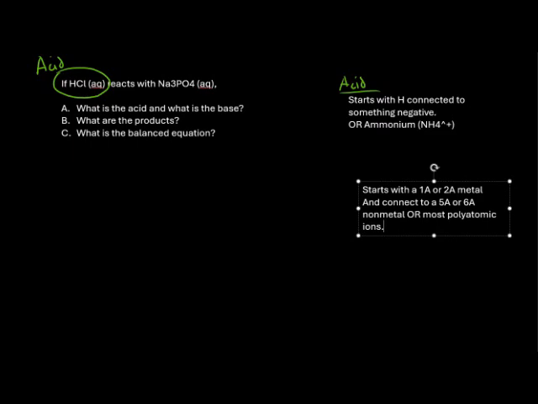We can see here that Na3PO4 consists of a 1A metal, that is sodium, and PO4, which is a polyatomic ion. There are some polyatomic ions that are excluded from this, but we'll cover that in another video. For now, we can think of Na3PO4 as our base.